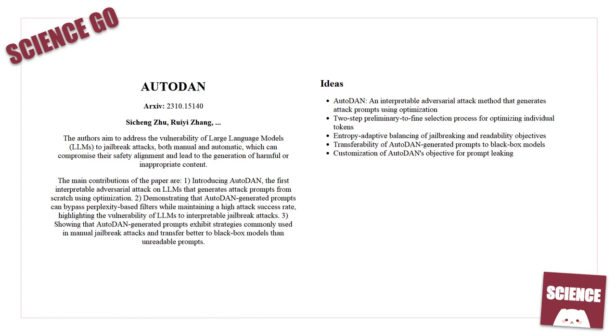And the paper AutoDAN introduces a new method called interpretable adversarial attack on large language models, LLMs. It aims to address the vulnerability of LLMs to jailbreak attacks, which can compromise their safety alignment and lead to the generation of harmful or inappropriate content. AutoDAN generates attack prompts from scratch using optimization, allowing them to bypass filters while maintaining a high success rate.